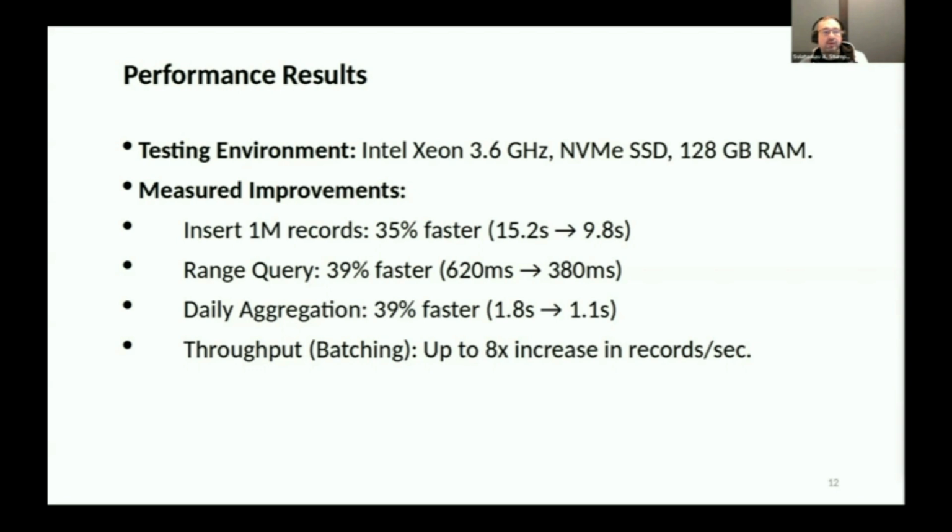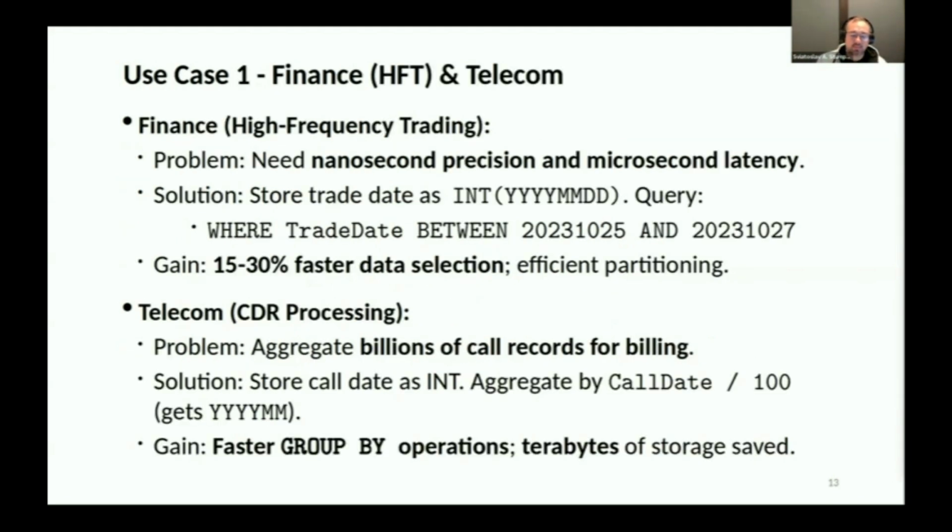So we get a daily report, and we close the day 40% faster. And when we batch operations, when we process operations massively, we noticed up to 8 times faster increase in records per second processing by batches. So results are notable. Let's summarize how to apply.